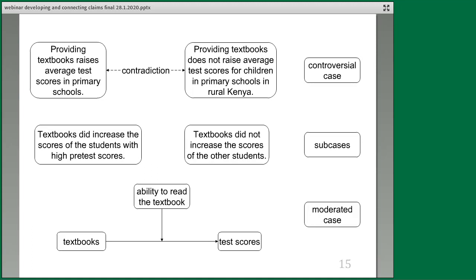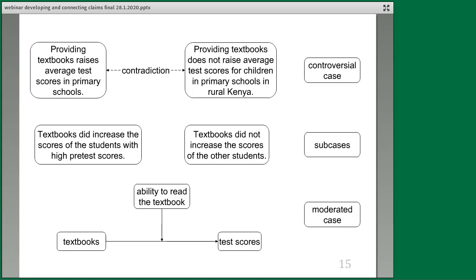So the ability to read the textbook is a so-called moderator. When the ability is there, textbooks will have an effect on test scores. When the ability to read a textbook is not present, then textbooks will not have an effect on test scores. Okay?